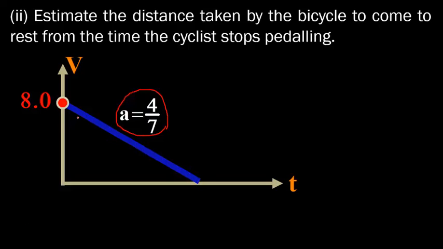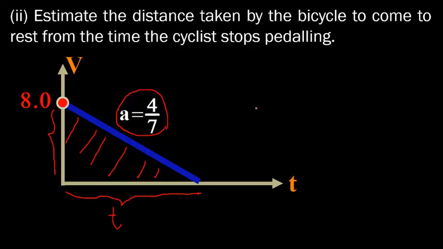Okay. In this triangle, suppose that this is height and this is base, and base could be taken as t. The slope is equal to height, which is 8, over base time, and the slope is 4/7.